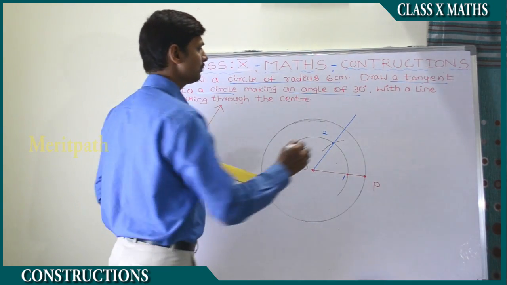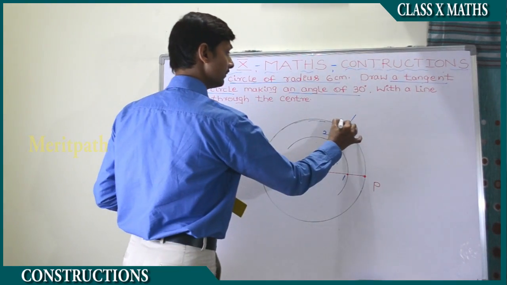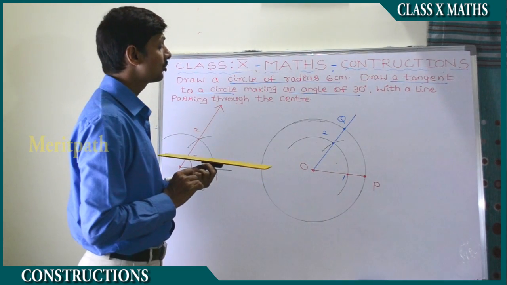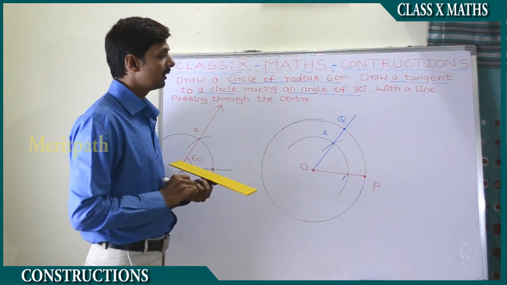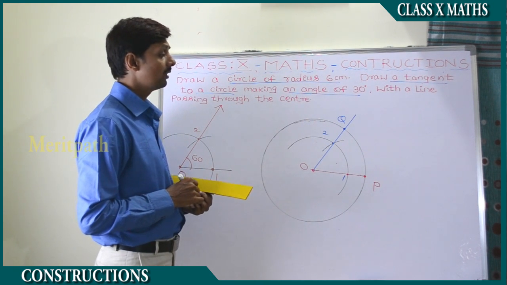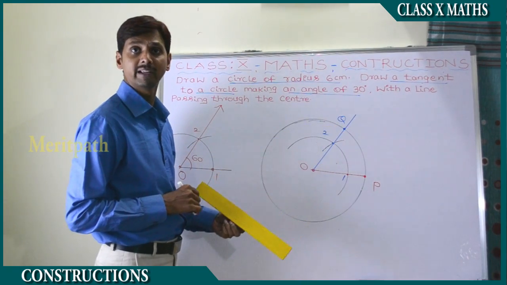Let's take that point where it intersects the circle and name it Q. Now let's draw a perpendicular line for OQ.